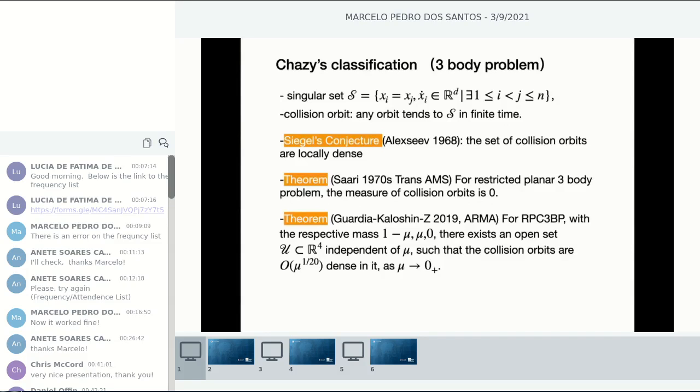This open set is independent of mu, the mass of Jupiter, such that the collision orbits are of the order mu to the 1/20th dense in it. This is an asymptotic estimate because here we need mu to be sufficiently small.